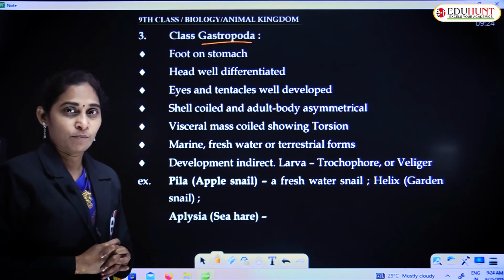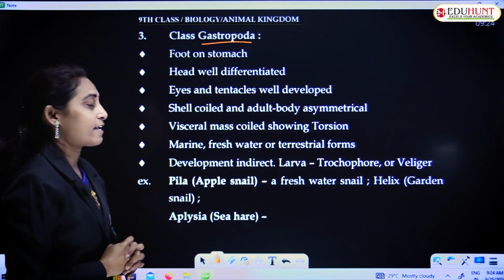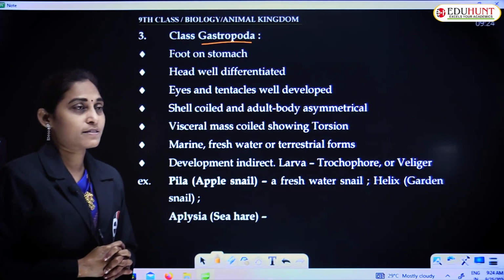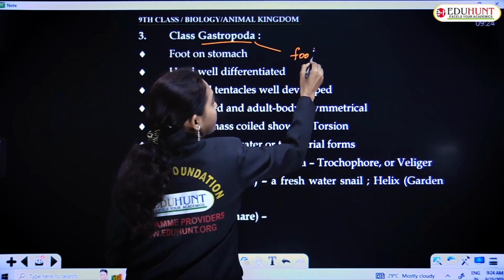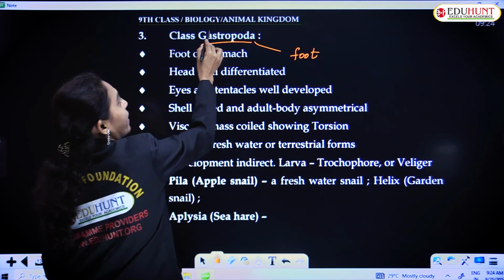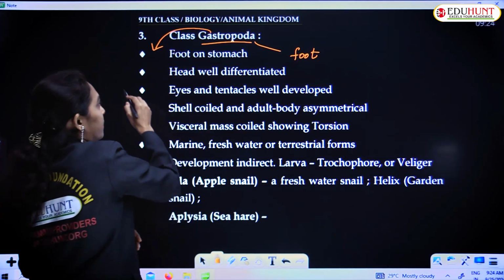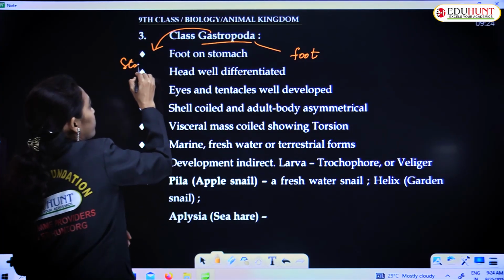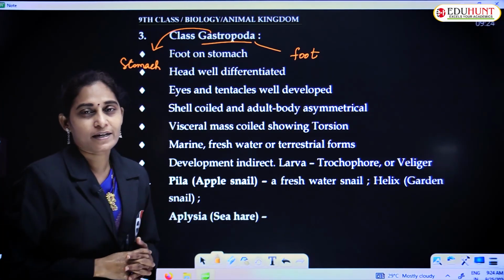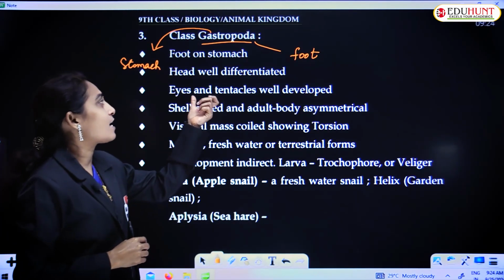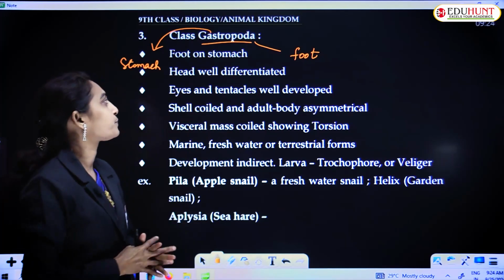If you come to the etymology of the word, poda is foot, gastro is stomach. That is why the class is named so.